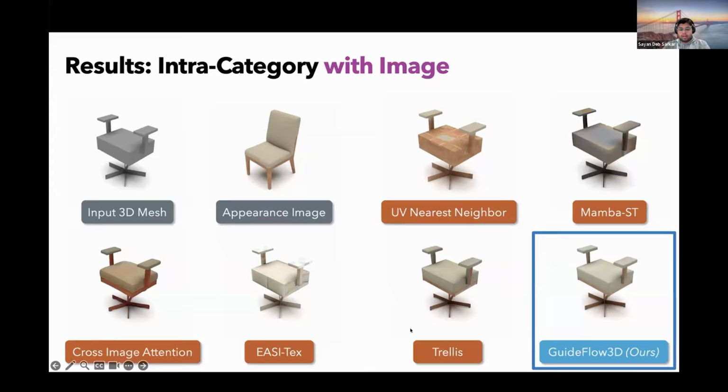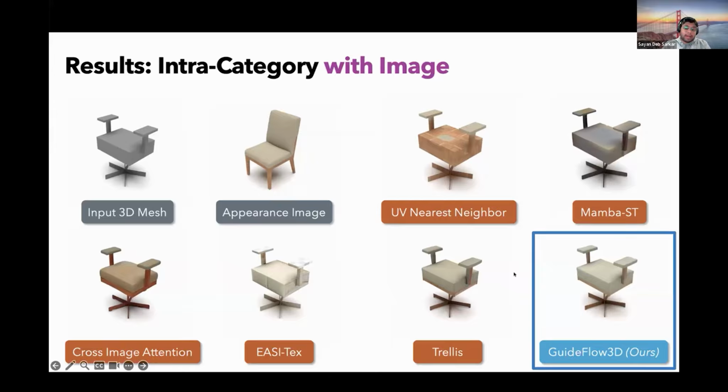With Trellis, since it's quite a powerful pre-trained method, and that's the base model that we are using, you get quite impressive results. But what is still failing is that the seats, the handles here are not really consistent.